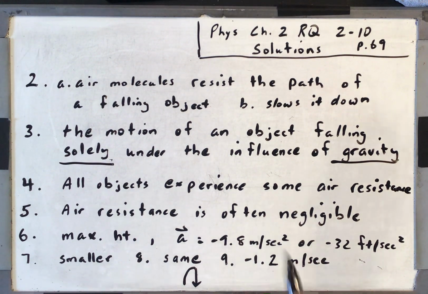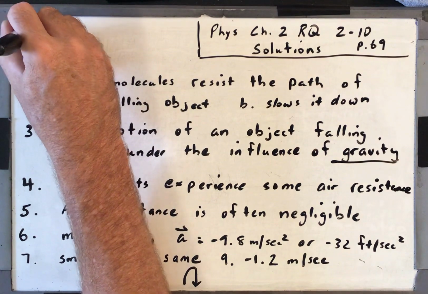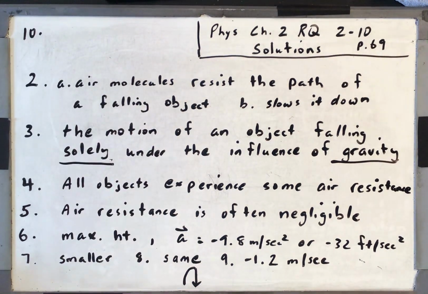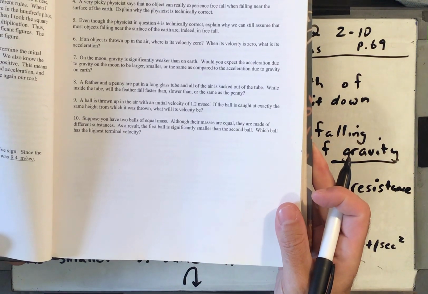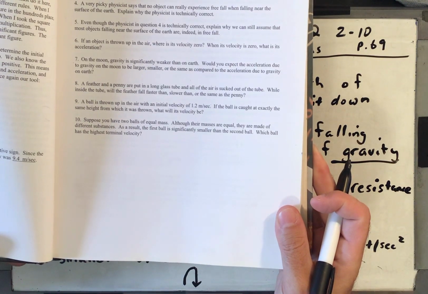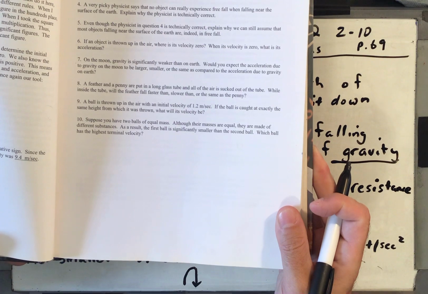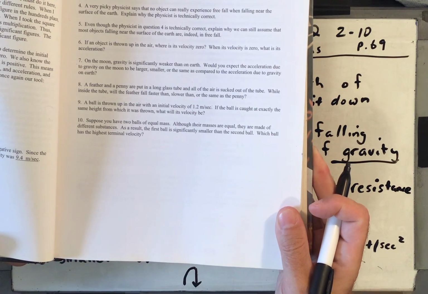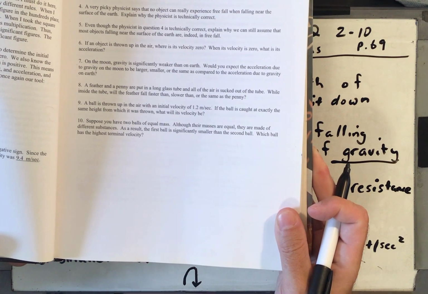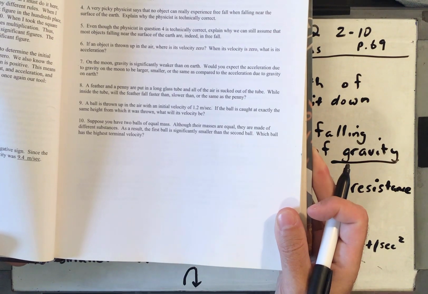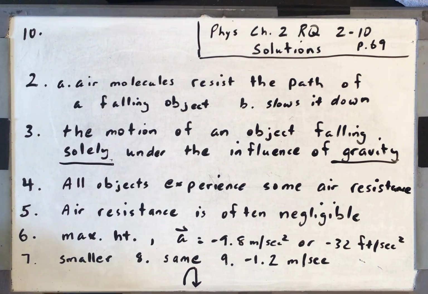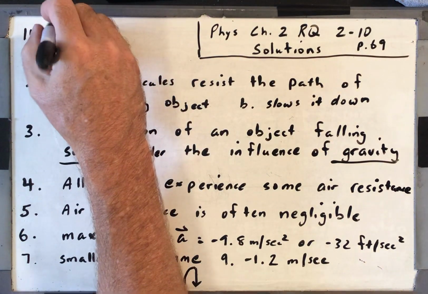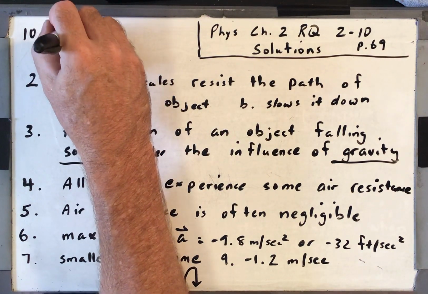All right, and let me do number 10 up here. Number 10 says, suppose you have two balls of equal mass. Although their masses are equal, they are made of different substances. As a result, the first ball is significantly smaller than the second ball. Which will have the highest terminal velocity? All right, well, the smaller ball will have less surface area.